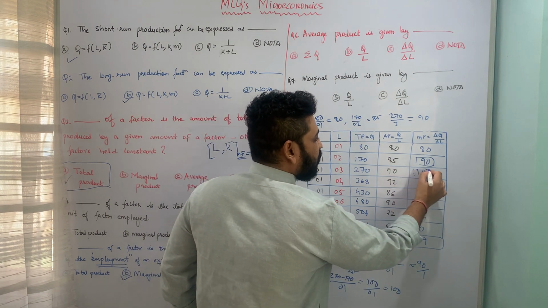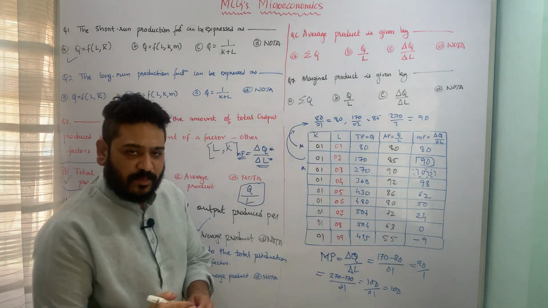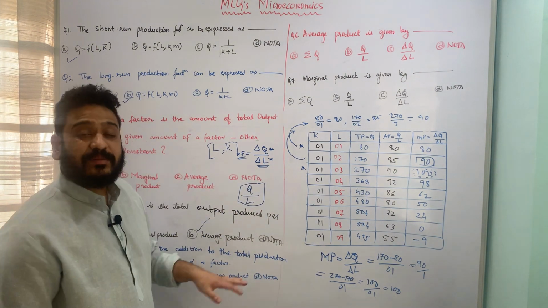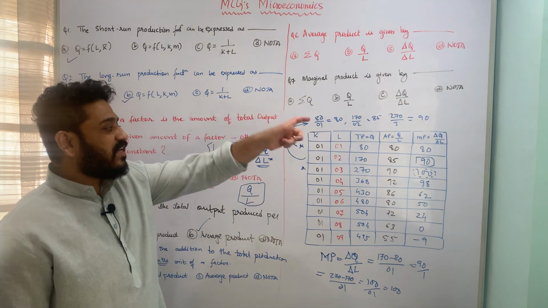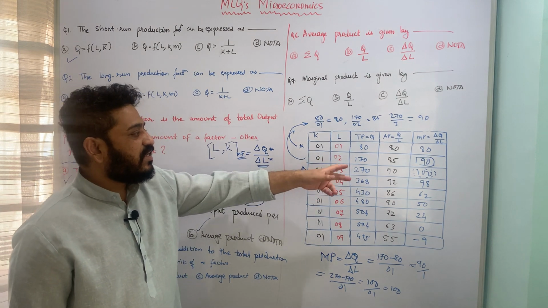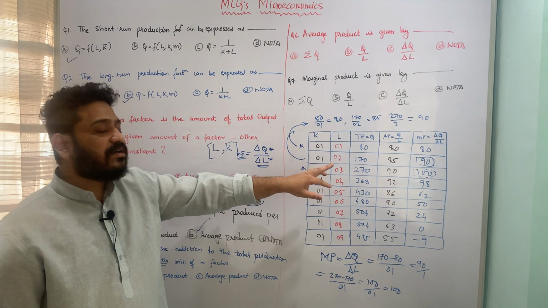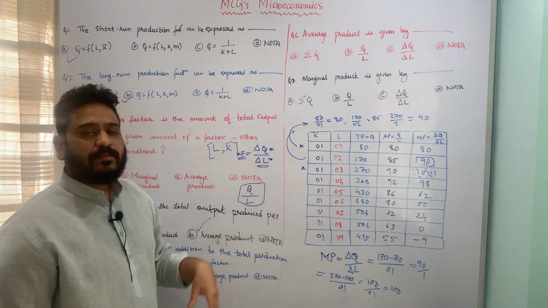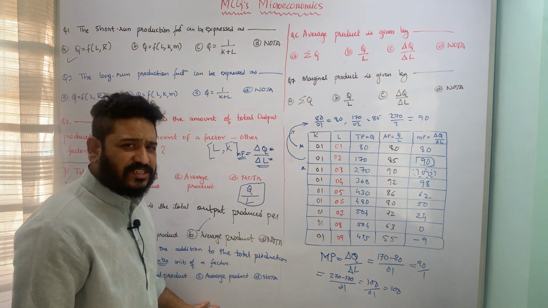I hope with the help of this table it is easier for you to understand what total product means and what marginal product means. An additional change in this factor induces an additional change in the output, and that is what we are recording when we look at marginal product. I hope this question is pretty much clear.